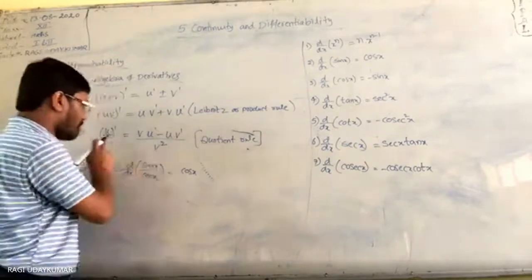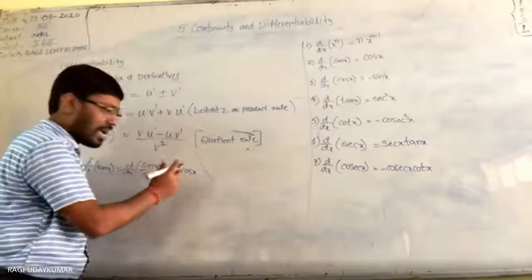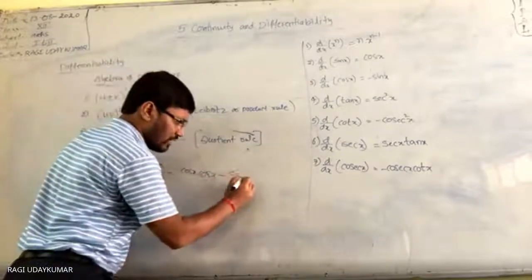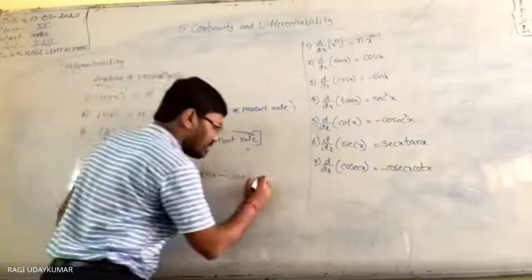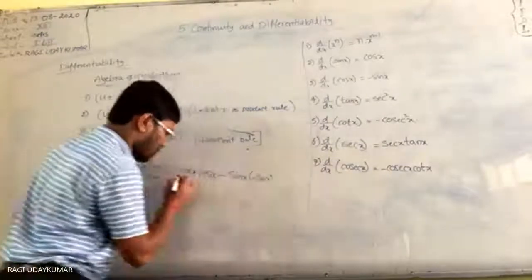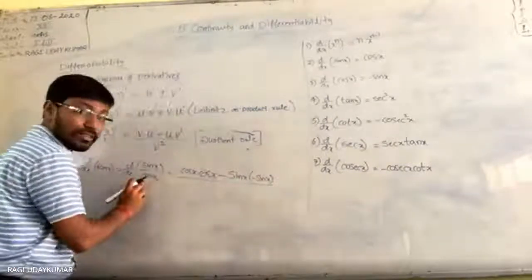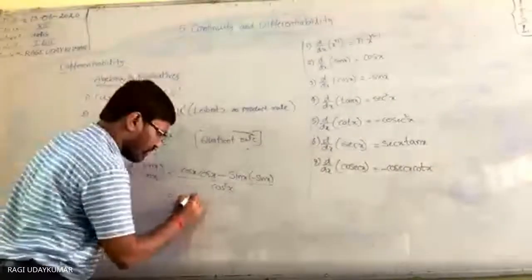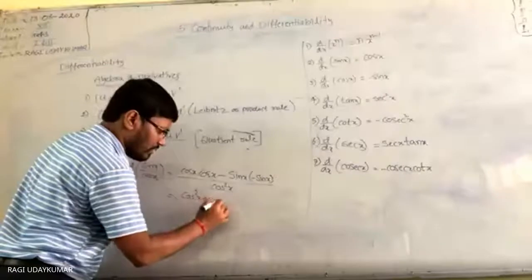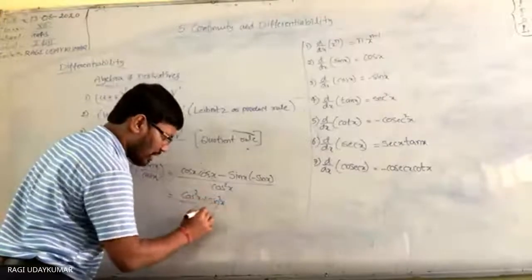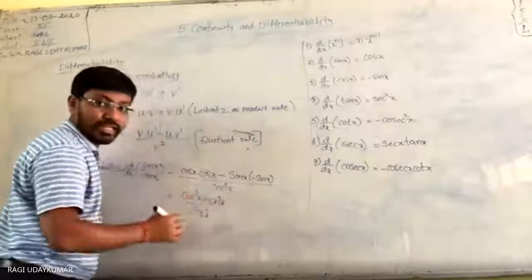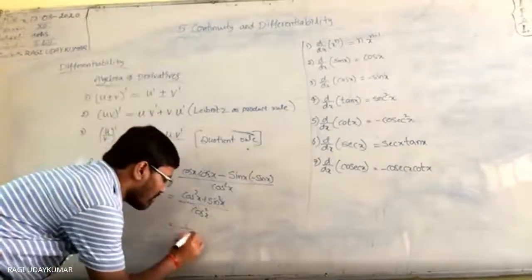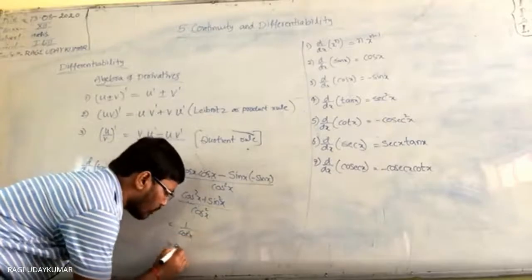As one example, the differentiation of sin x is cos x; minus sin x is written as it is, and the differentiation of cos x is minus sin x, by the denominator squared, cos square x. So what do you get here? Cos square x plus sin square x by cos square x. What is the value of sin square x plus cos square x? It is equal to 1. So 1 by cos square x, which is equal to secant square.